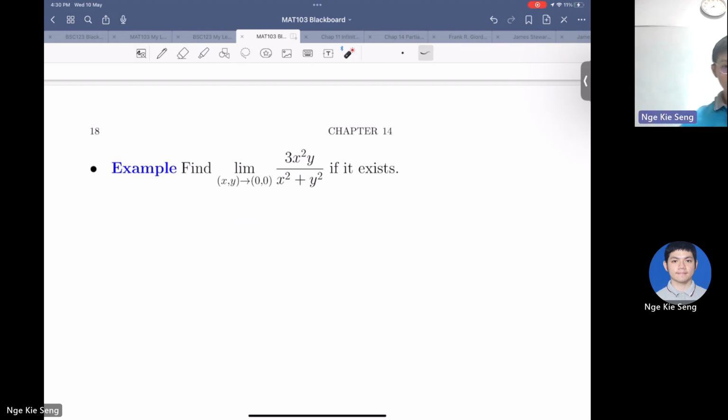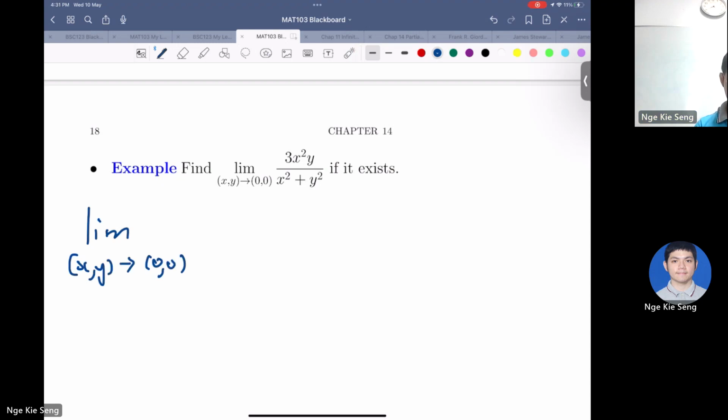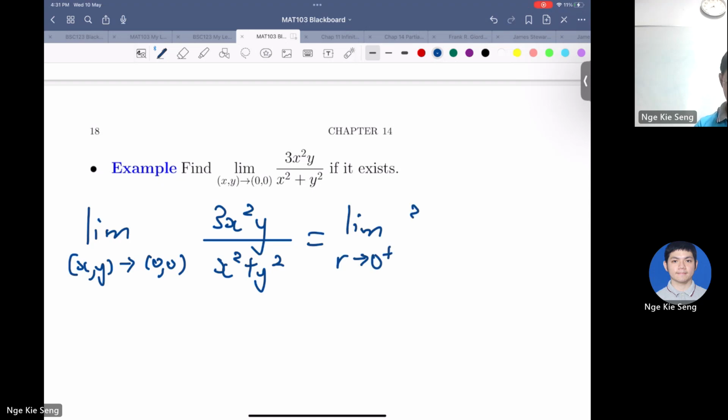Done. Okay, so some of you are done. So let's substitute the polar coordinates. Like what we said just now, strictly speaking we can't write equal, but we just do it for the sake of computation, where we get 3r cos theta squared times r sine theta over r squared.